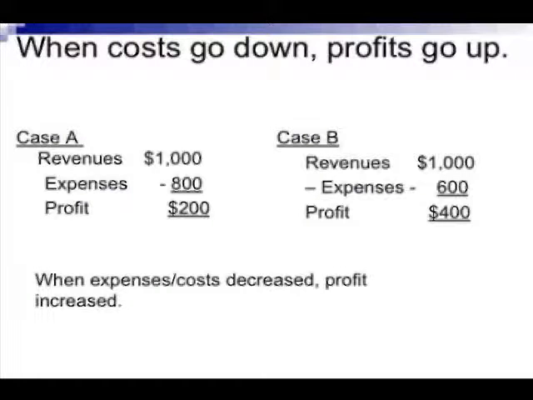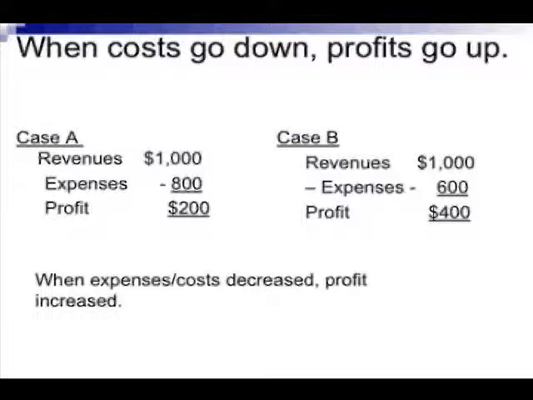Let's say this is your business, and you were able to get raw material in more cheaply. There's a substitute, or maybe there's been an increase in competition. So the cost of raw material from your suppliers has gone down. That's driven prices down. Usually competition does that. So we see expenses go down. Your profits just doubled. It went from $200 to $400.